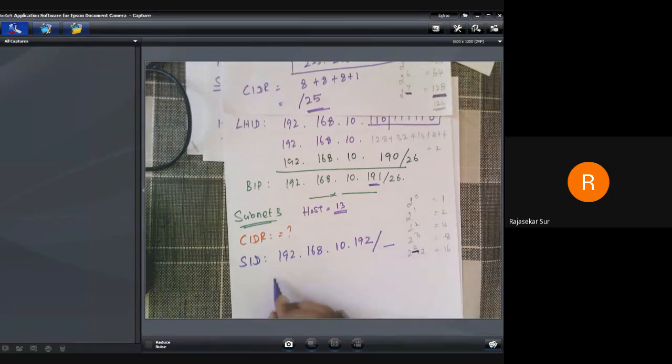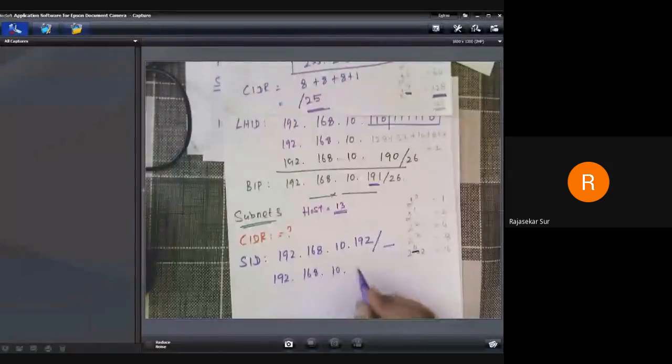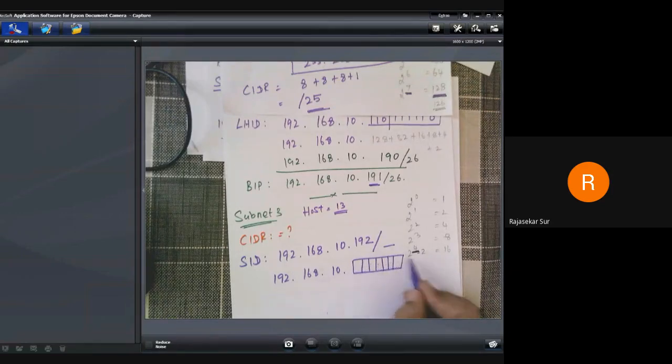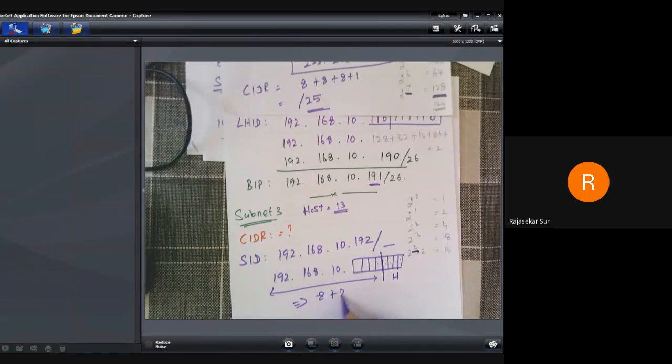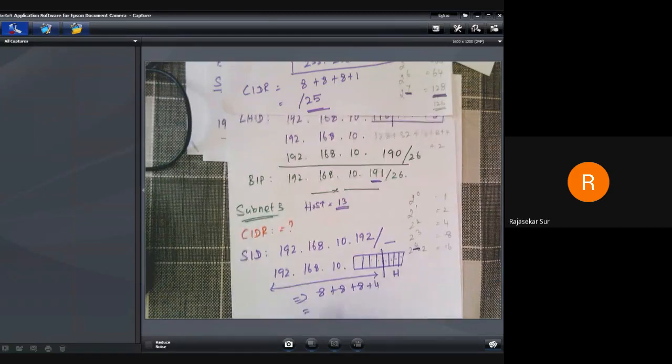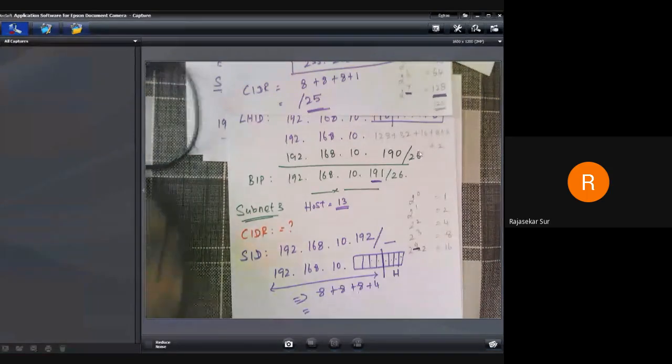That means 192, 168 and 10 you are keeping as it is. In this last part there are 8 bits, and 4 bits are enough for the host: 1, 2, 3, 4. The remaining you take as network. So this is equal to 8 plus 8 plus 8 plus 4, which is 24, 25, 26, 27, 28. This is going to be /28.